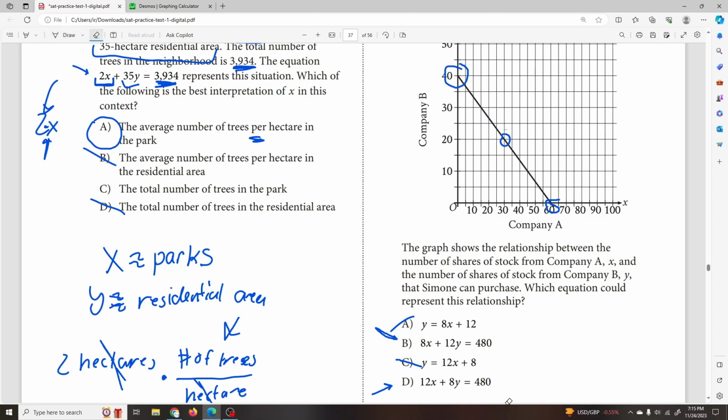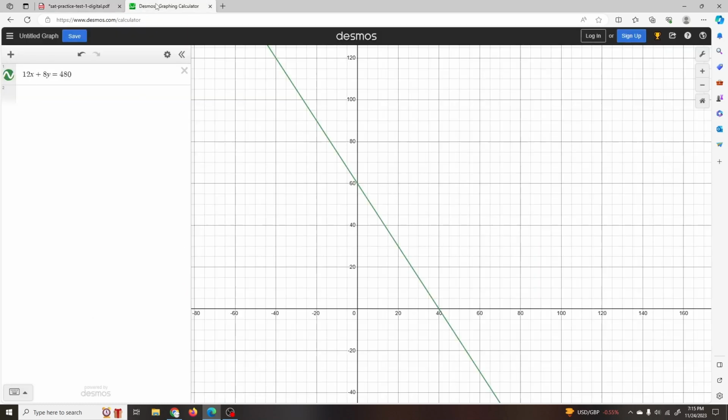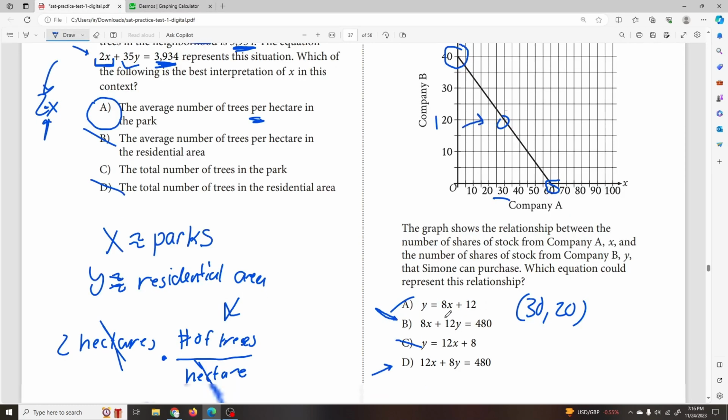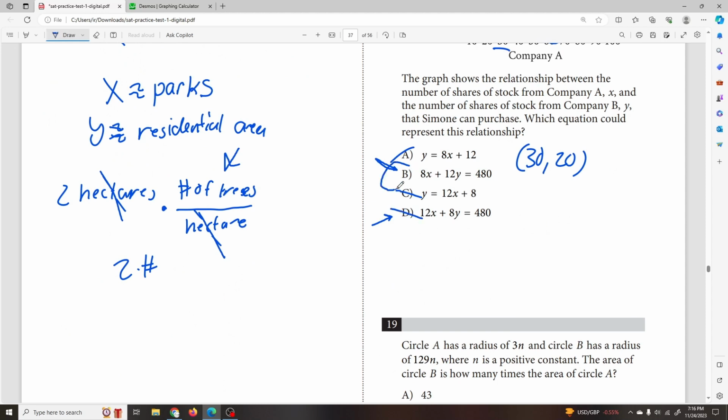Let's look at a point that's easily definable right here. This is going to be 30, 20. Let's see if choice D has 30, 20. Does it? At 30, we get 15, which is wrong. This correct point does not lie on choice D's graph, which means that choice B has to be our correct answer.